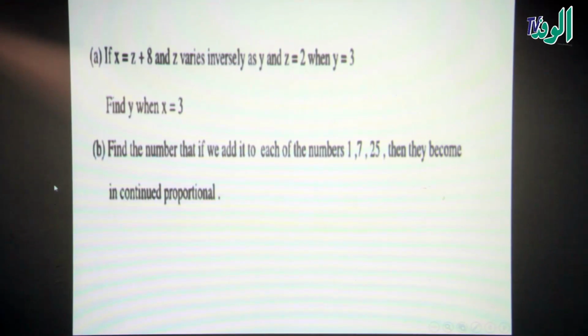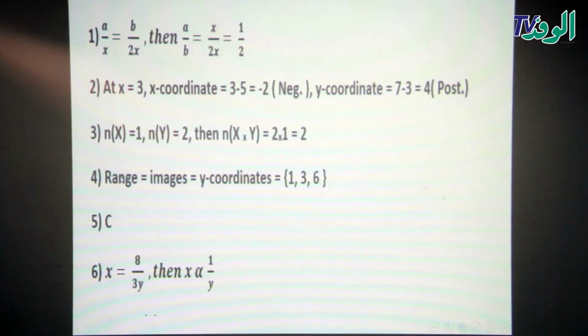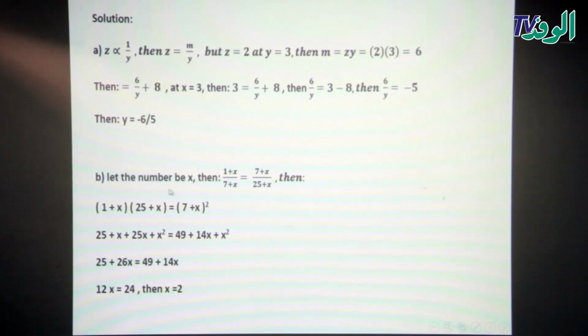Okay, number B. Find the number that if we add it to each of the numbers 1, 7, 25, then they become in continued proportion. We say let the number be x. Then we add it to 1, then to 7, then to 25. Because of continued proportion, 7 plus x is the end of the first ratio and the start of the second ratio.